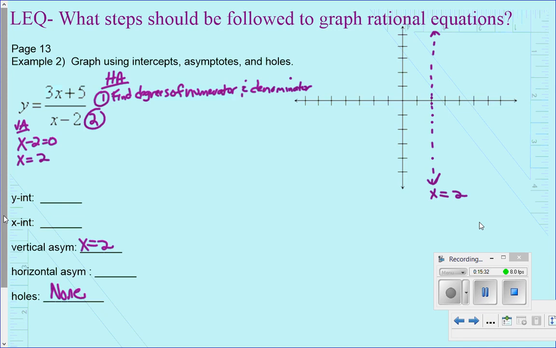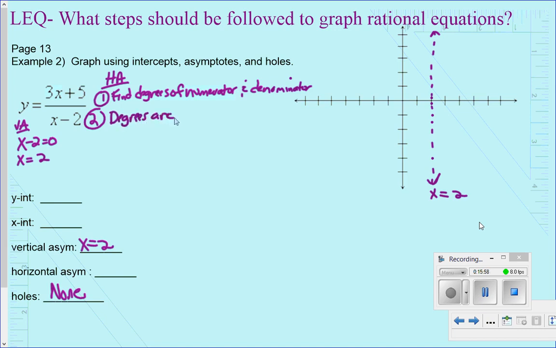Either they're going to be the same, or the one on the top, in the numerator, is going to be larger, or the one on the bottom, the denominator, is going to be larger. So we need to look at all three scenarios. Since this example has the degrees being the same, degree 1 and degree 1, we'll first look at that scenario. So scenario 1, degrees are equal.